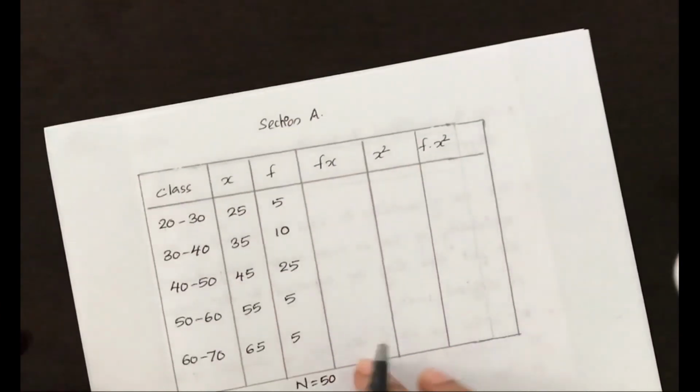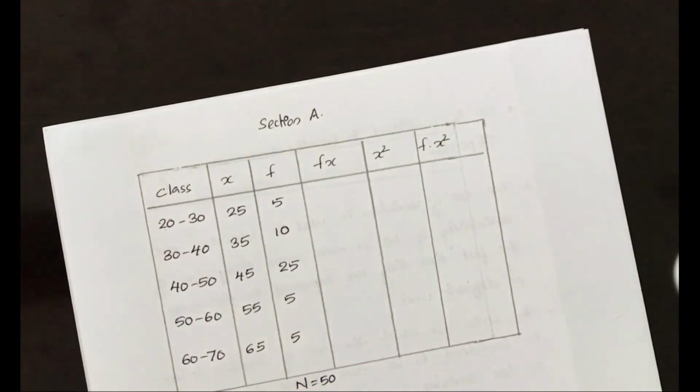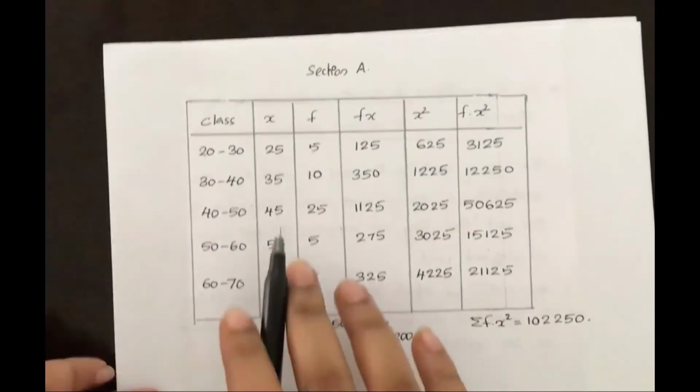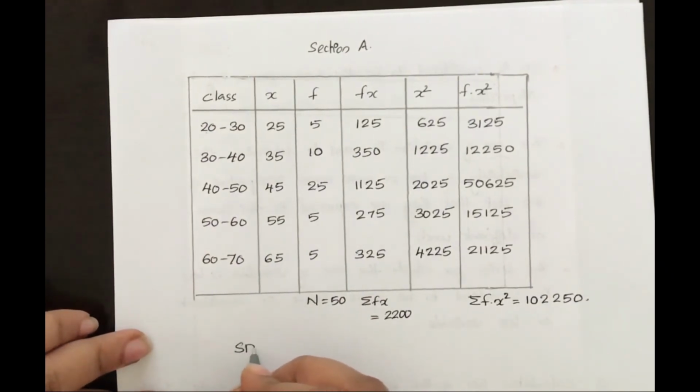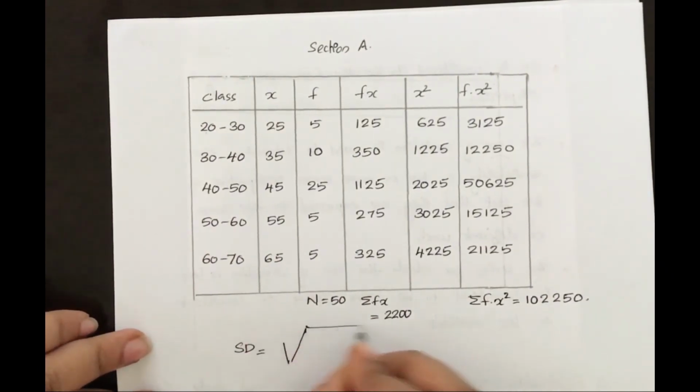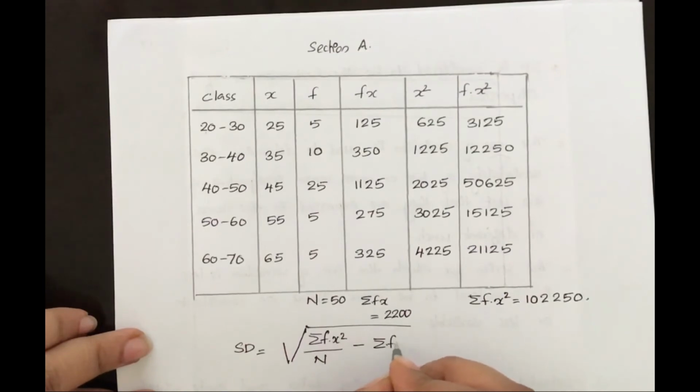So complete the table. When we complete the table it will look like this. Then find out the standard deviation. Standard deviation is equal to root of summation f into x square divided by n minus summation fx by n the whole square.